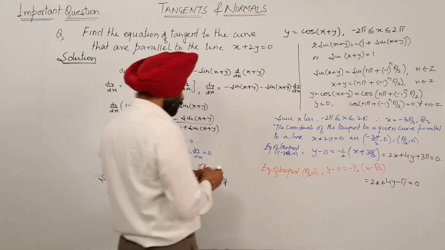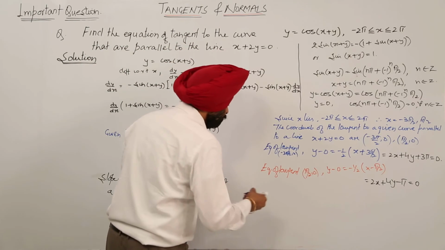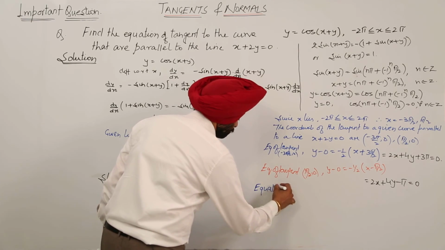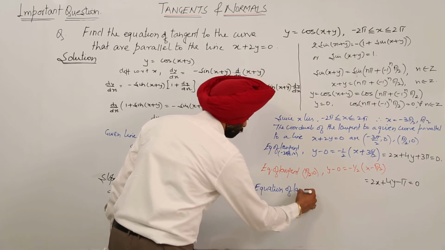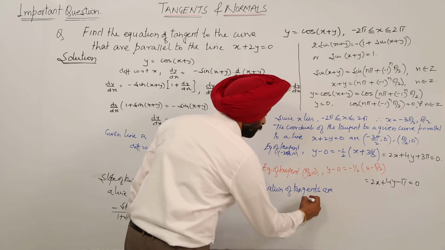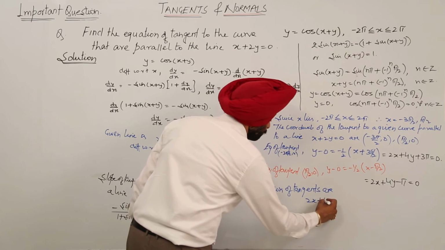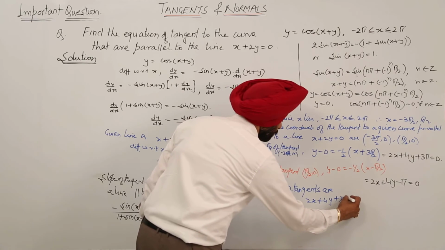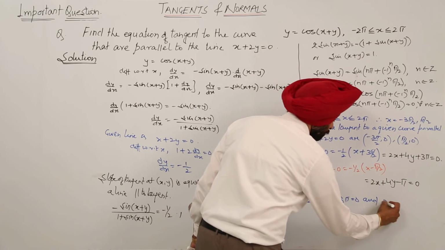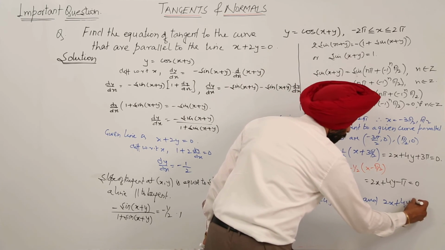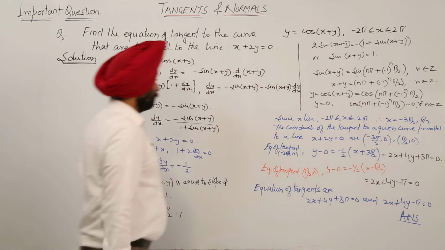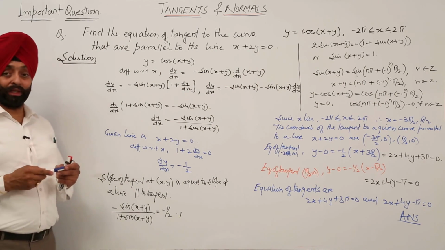Okay, so the equations of tangents are 2x + 4y + 3π = 0 and 2x + 4y - π = 0. Answer. So be careful while solving this question, and it is a very important question.